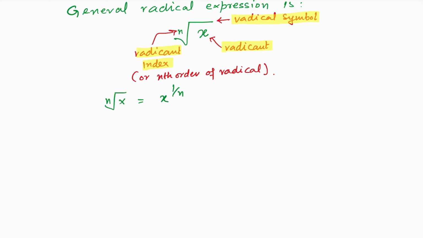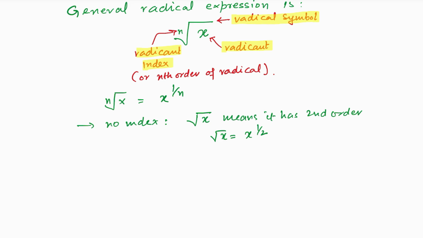In general, if there is nothing in this part, if there is no index, meaning I have just root x, that means it is second order. Root x is equal to x raised to the power 1 over 2.